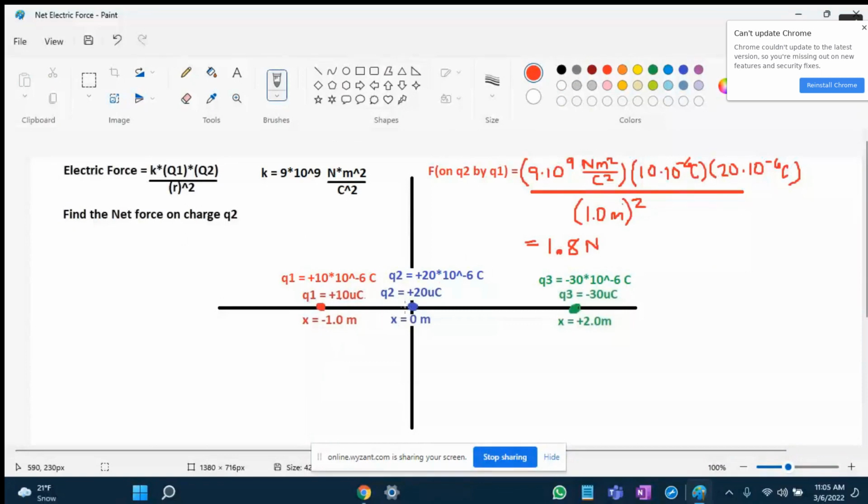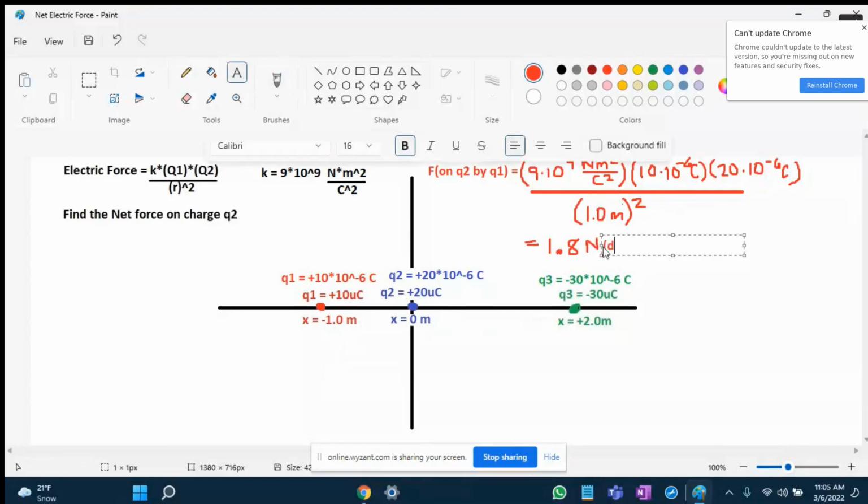Now, the direction of the force depends on the signs of the charges. Q1 and Q2 are both positive charges, so Q2 would experience a repulsive force from Q1. So the force on Q2 by Q1 would be directed away from Q1. And in this case, that would be to the right-hand side.